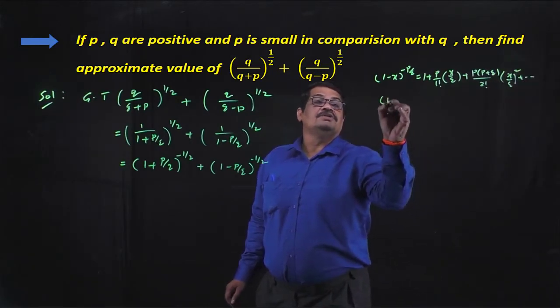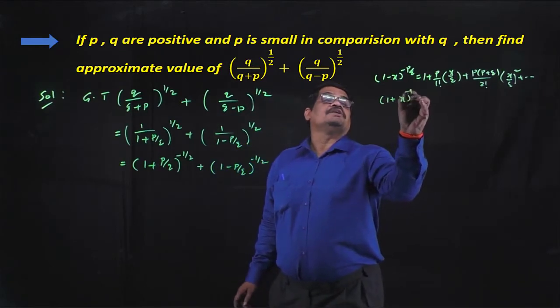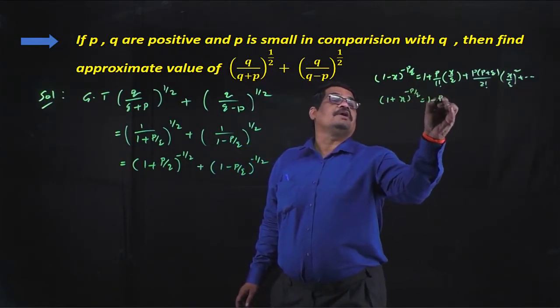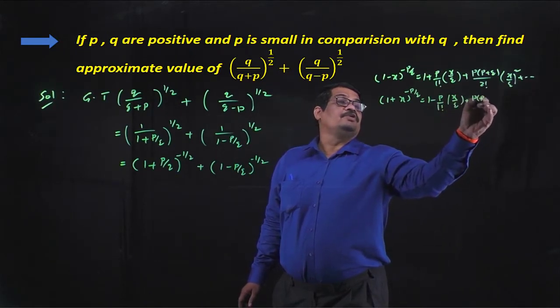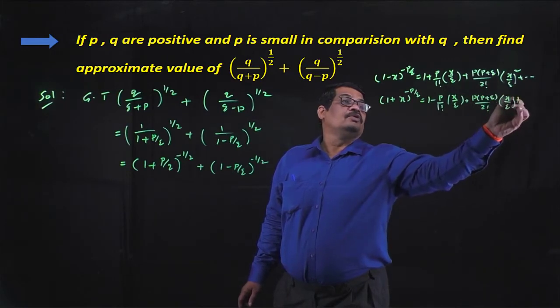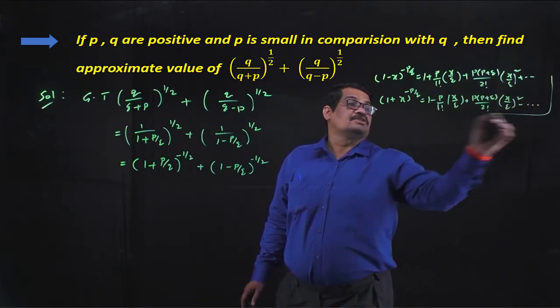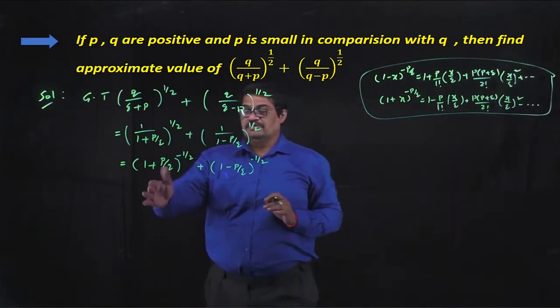Now this is the other one, (1 plus x) whole power minus p by q, that is 1 minus p by 1 factorial into x by q plus p into (p plus q) by 2 factorial (x by q) whole square, minus plus and so on. These are the formulas we are using here.